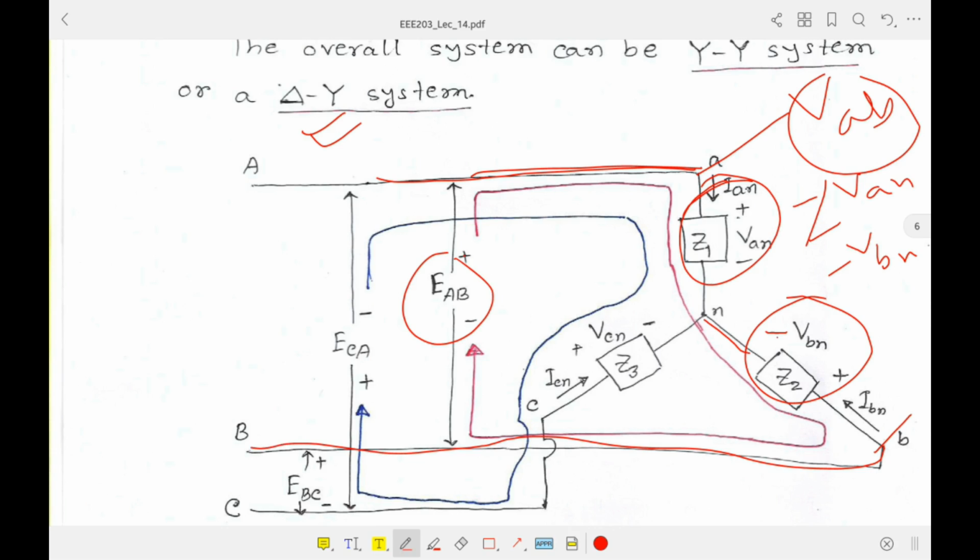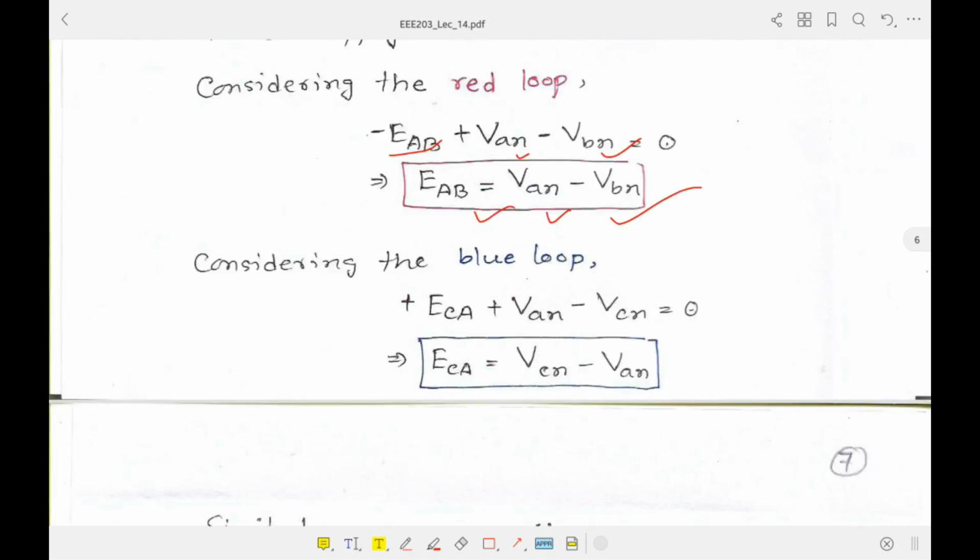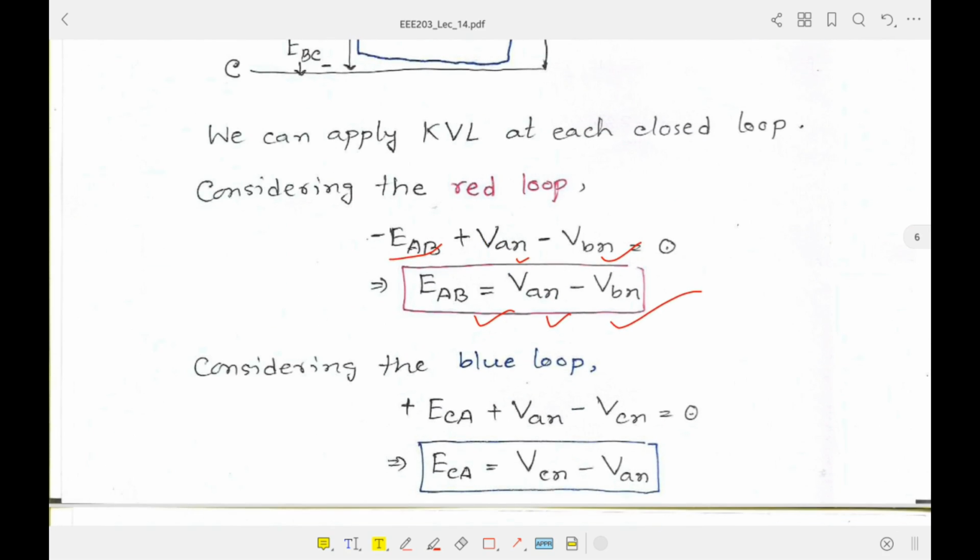That's why EAB and VAB are equal, and I can say VAB is basically VAN plus VNB, and we can say again minus VBN. So this is actually written here. And if you want to justify it using KVL, the KVL justification is given here. So by this process you can get EAB equal to VAN minus VBN.